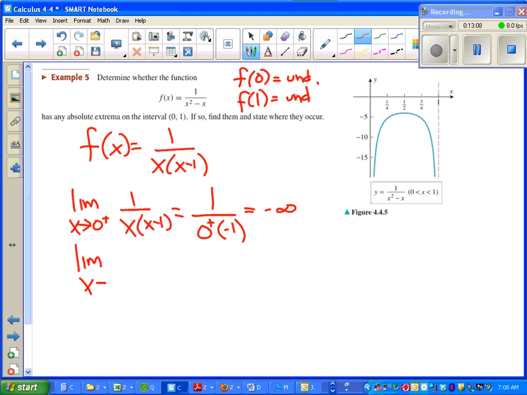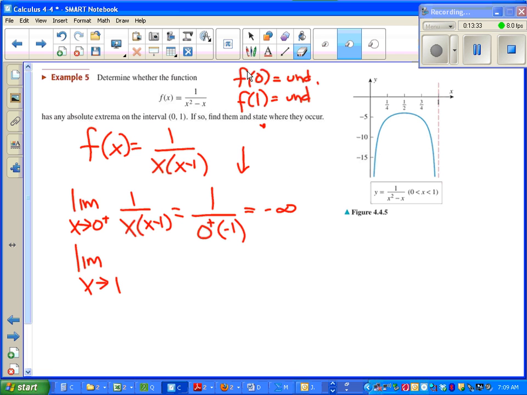Let's figure out what's going on at the other endpoint. Notice if I get another negative infinity, that means both ends of this graph go down, so I'll have a maximum. If my next limit gets an up arrow, I won't have any absolute maximum or minimum because one end will go down, one will go up.